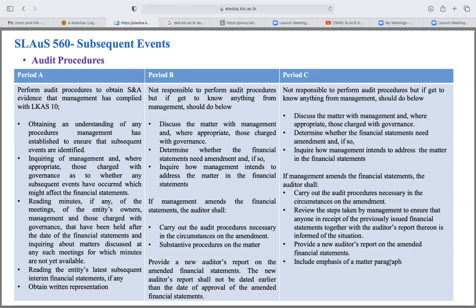So if the management decides to do some amendments, we need to carry out the audit procedures to check whether those amendments are okay or not. And most importantly, we need to review that all the shareholders are informed by the management about this incident.